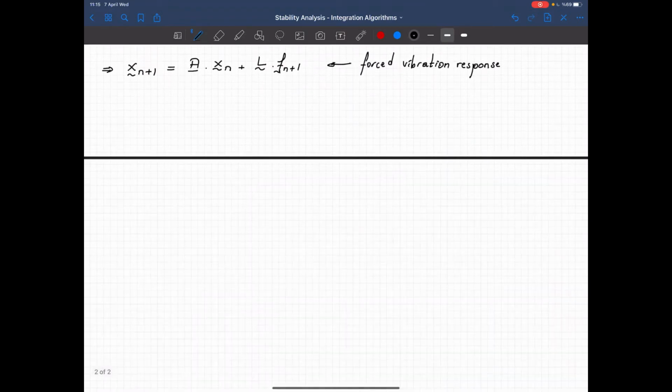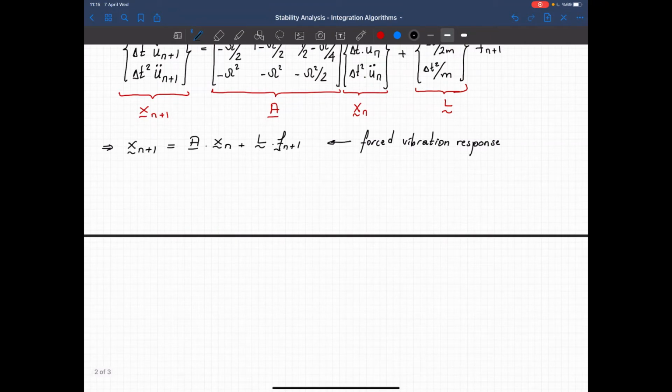Now, for a free vibration, the above equation becomes equal to the following. So x_{n+1} is equal to A times x_n, right? So let's start with some initial conditions.